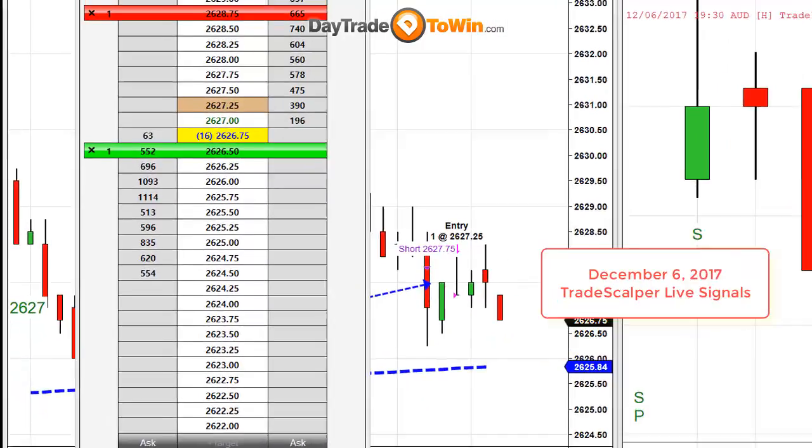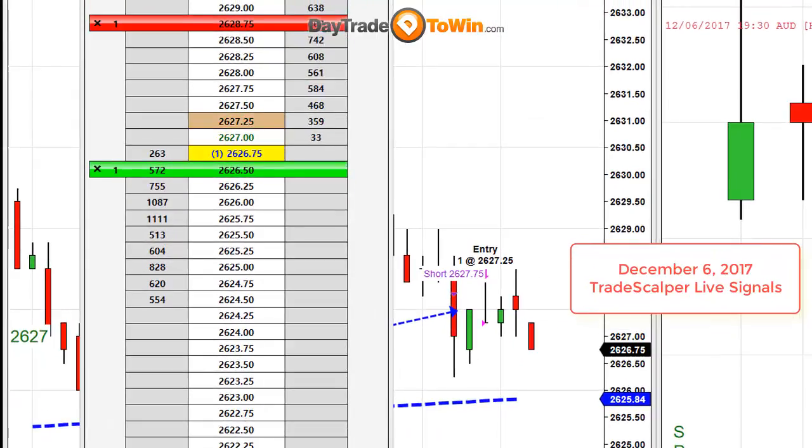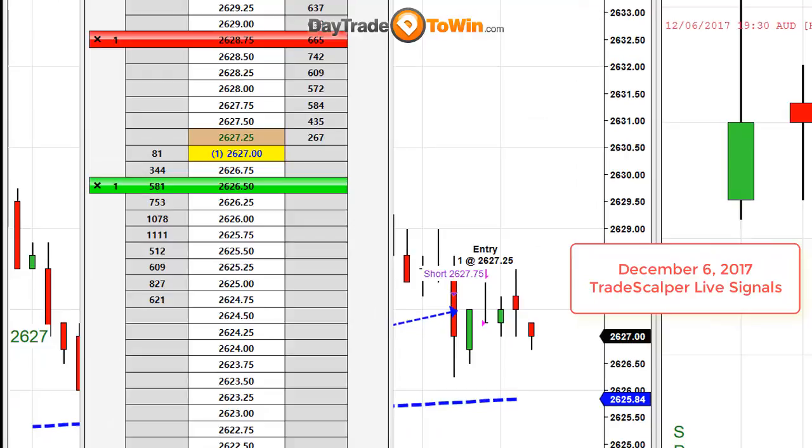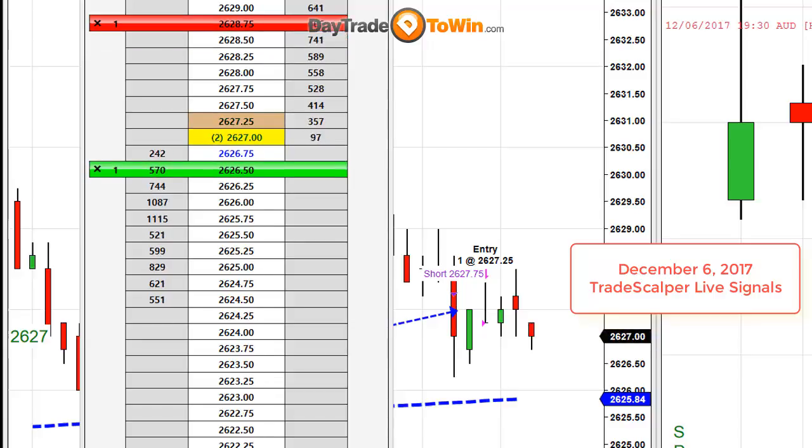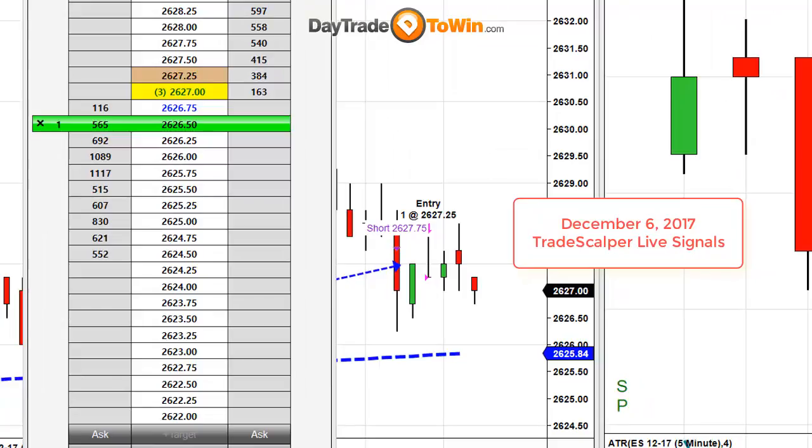It's just a 3-tick target and a 6-tick stop. It's so small that this is not really something that I want to hold on to. If it doesn't work immediately, Elijah, you have to get out of the trade. So typically most of the scalping signals on the trade scalper, on average, are 10 minutes. Some much less, some a little bit more, but not much more than that.